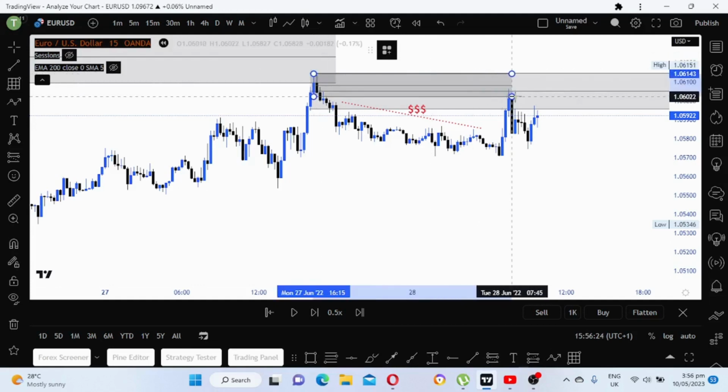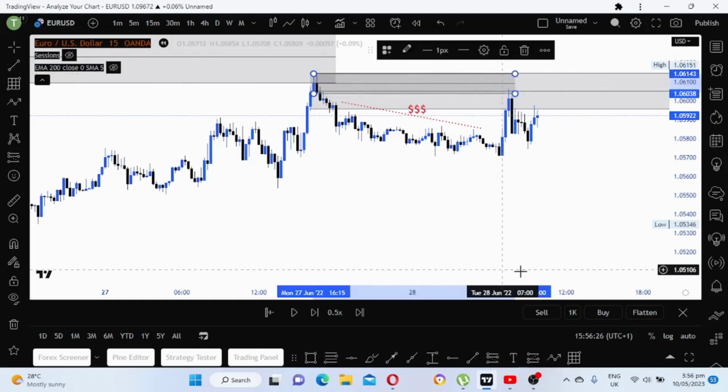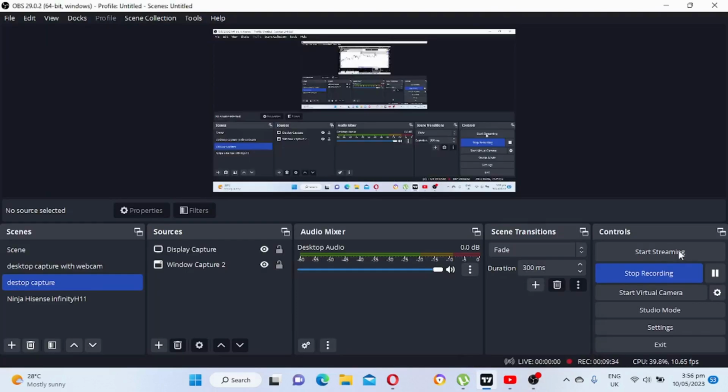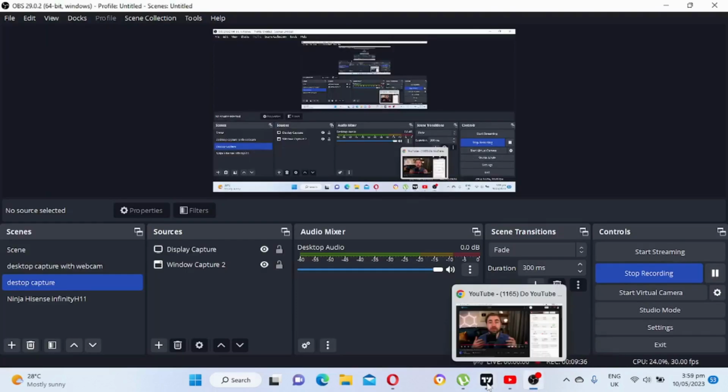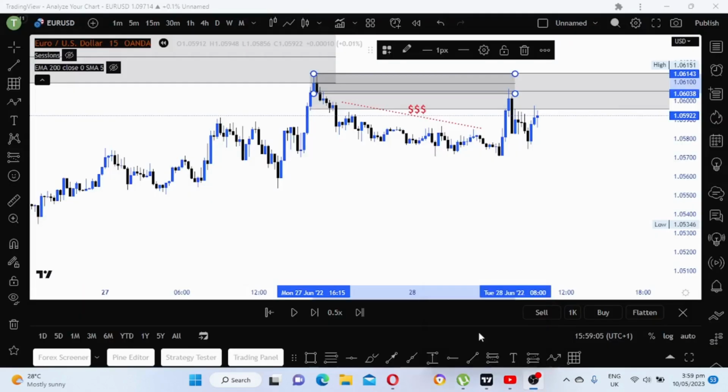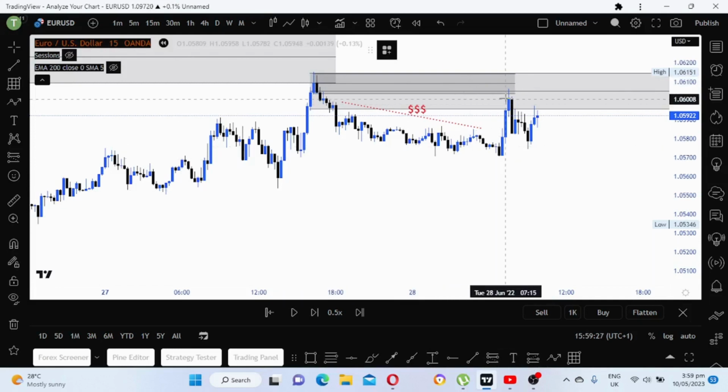Now, let's continue, guys. So you would have drawn your refined supplies on M15 here, and you put a sell here.